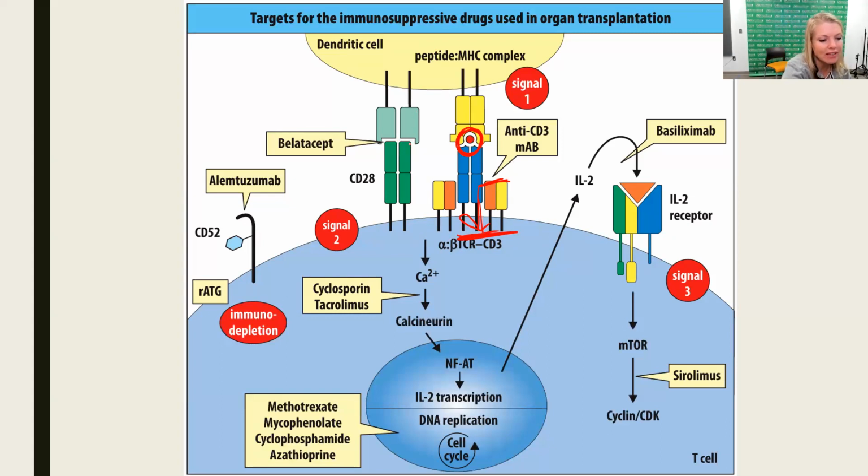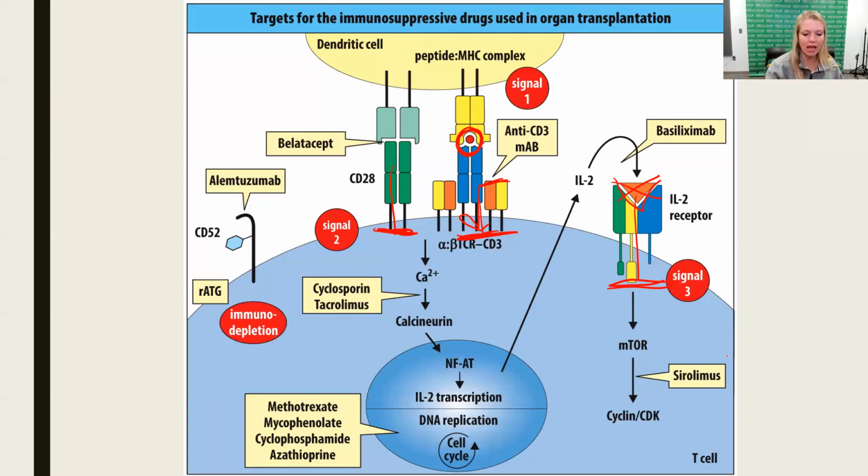We can prevent that with some sort of protein or monoclonal antibody that can stop that signal, so there's no co-stimulatory molecule. Or the signal 3 is IL-2 binding. There is a monoclonal antibody that can prevent this binding, which would stop this signal.